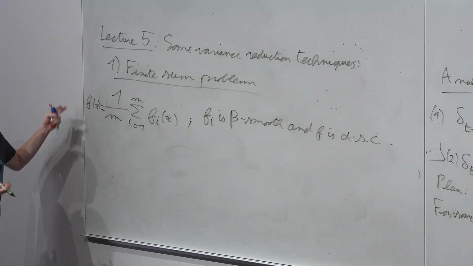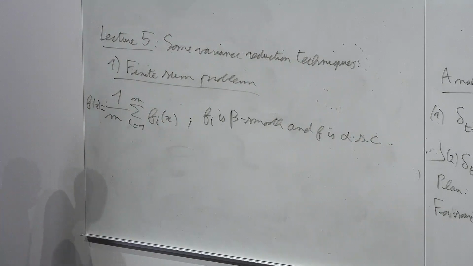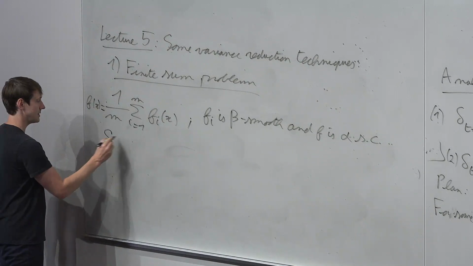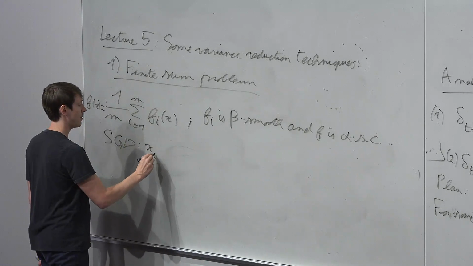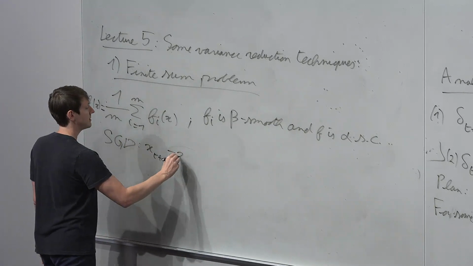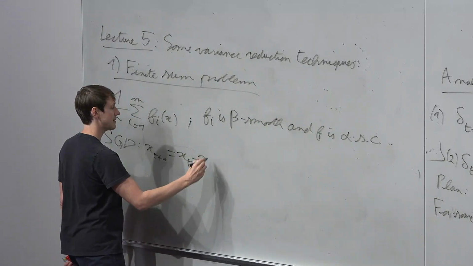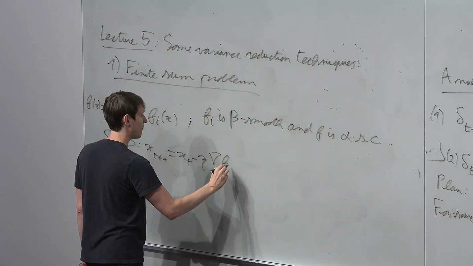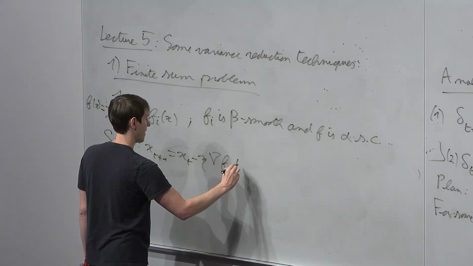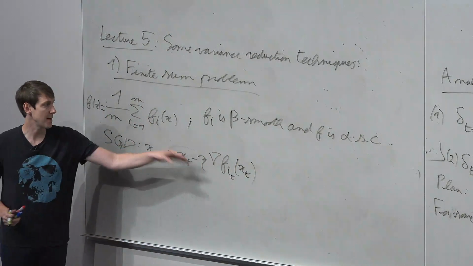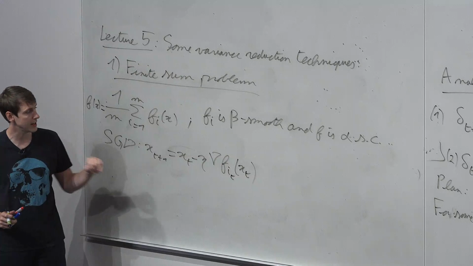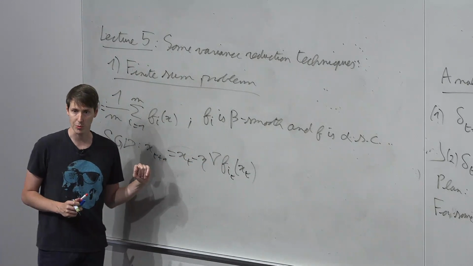So we know right now a couple of algorithms to do that. We know stochastic gradient descent. So stochastic gradient descent, remember, is just x_{t+1} equal to x_t minus eta gradient of f_{i_t} of x_t. So you take a random example, a random function here, and you take the gradient with respect to that one.